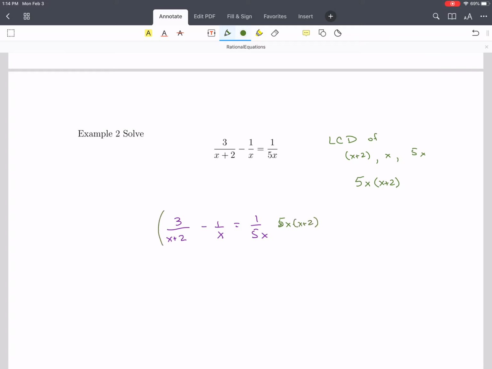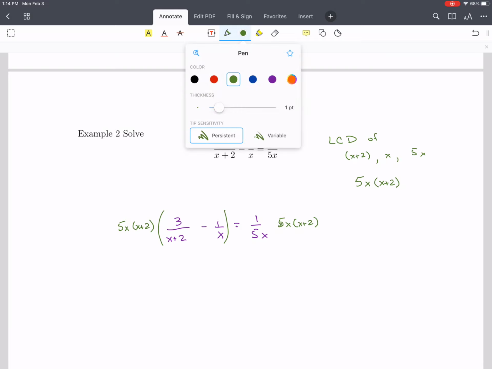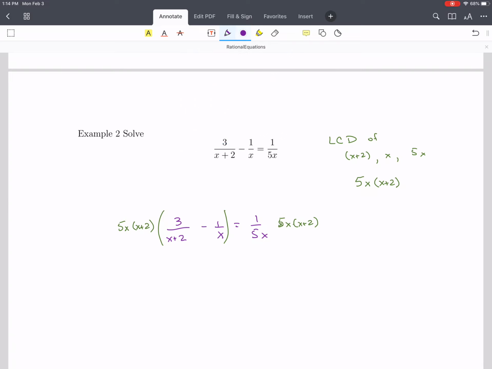When I do this on the left, I have to remember I'm multiplying the whole equation by 5x times x plus 2, not just a single term in the equation, and then I'll distribute as I go. So if I distribute, for my first term, notice that my x plus 2's cancel. So I have 5x times 3, and my x plus 2 over x plus 2 has canceled.